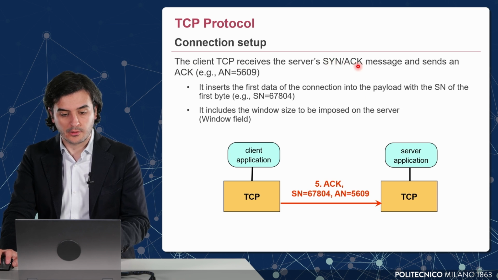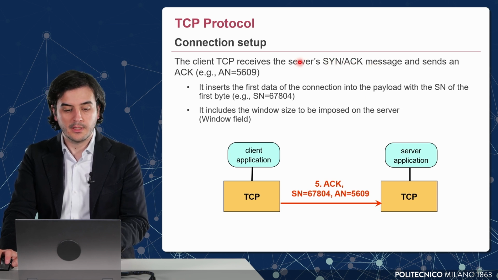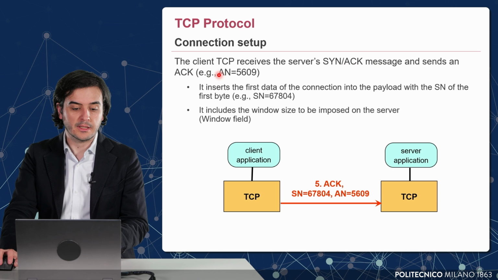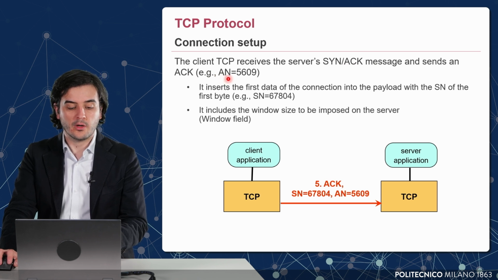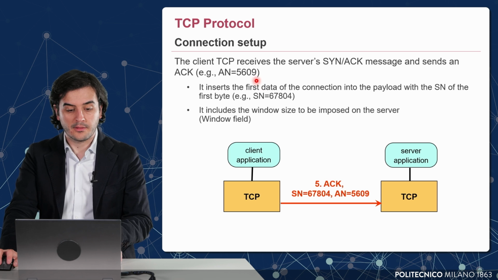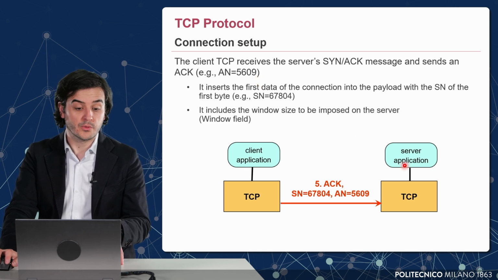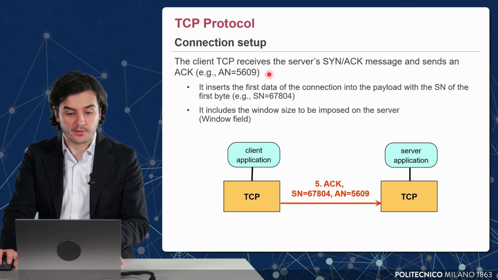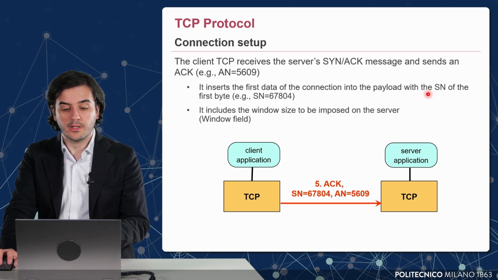Now the fifth step is that the TCP client, once it has received the synchronization acknowledgement message from the server, will send an acknowledgement. In this case, the acknowledgement number is 5609, which is one higher than the one which it received from the server. In fact, the client will insert the first data of the connection into the payload with the SN of the first byte.